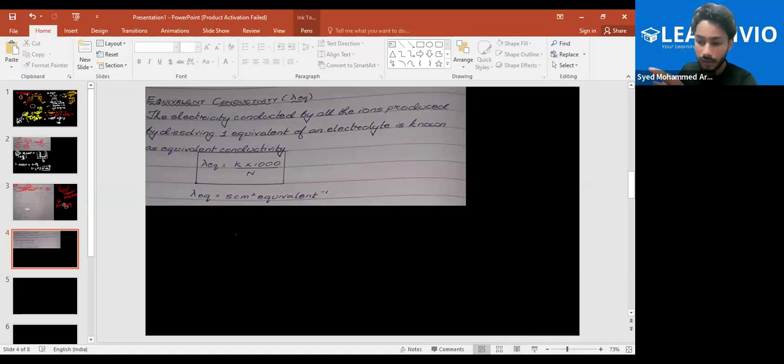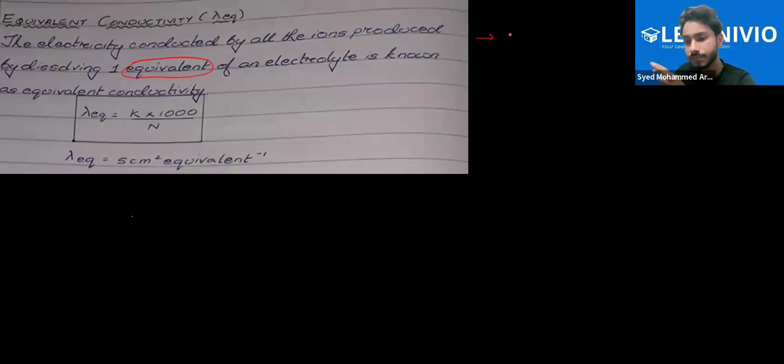So I'll help you. One equivalent is nothing but the number of gram equivalents, which equals molarity or normality into, do you remember this formula?